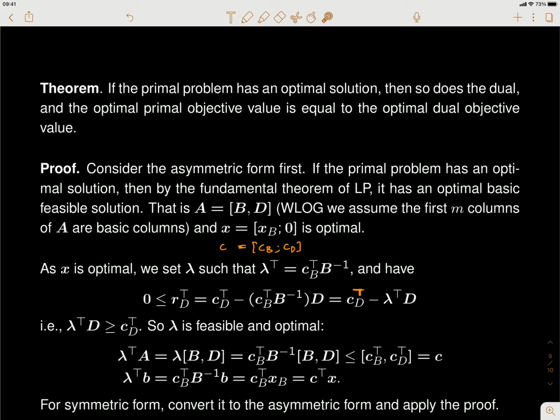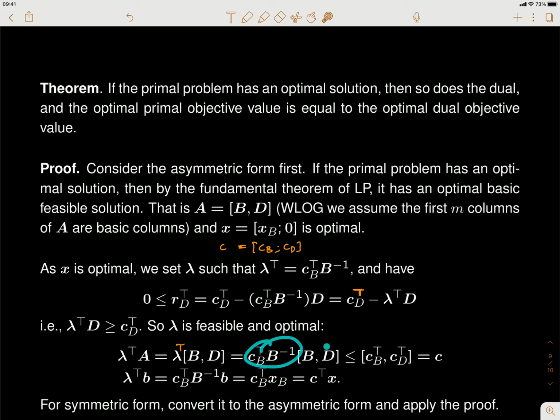Okay, for the feasibility, we check this. For lambda transpose A, we know that lambda is this, and A can be written as two parts, the basic columns and the non-basic columns. Then we multiply the lambda inside, because lambda transpose is equal to that. So I just replace that, and then we get this. When I multiply this by B, I will just have C_B.